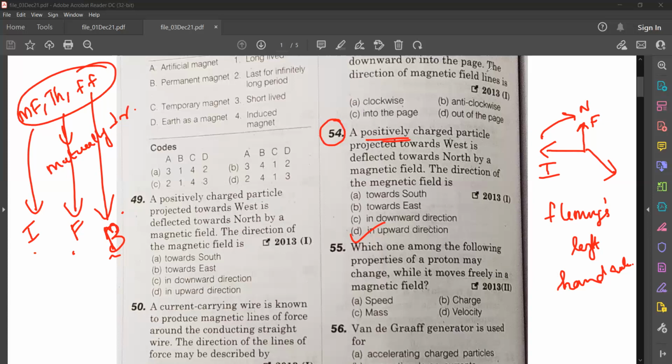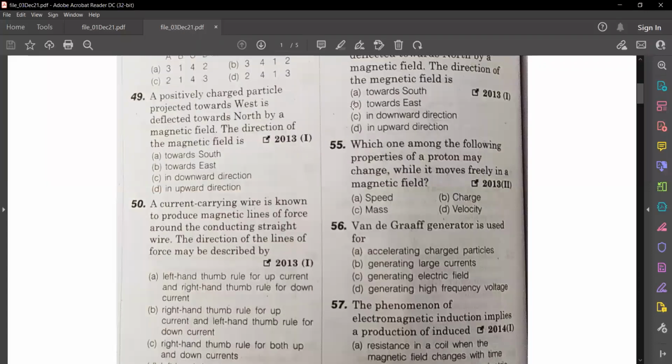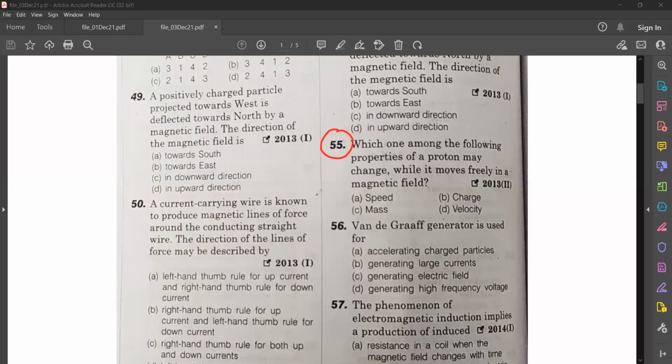So see the question number 55. Which one among the following properties of a proton may change while it moves freely in a magnetic field?